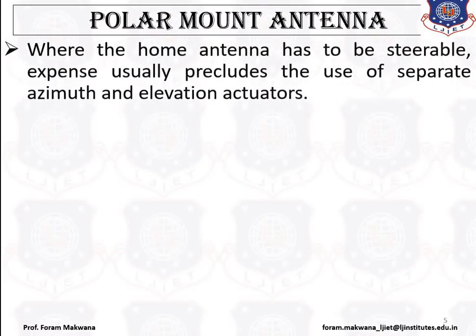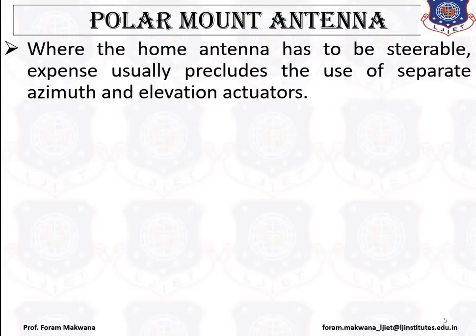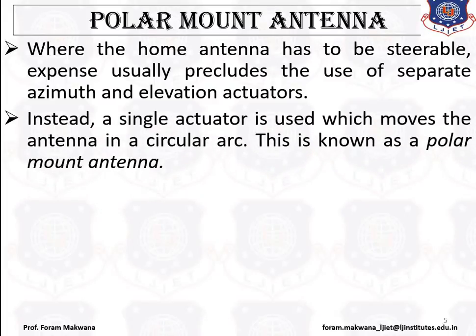Now the next topic is polar mount antenna. First of all, what is the use of polar mount antenna? Actually, in our home, the antenna which has to be steerable especially requires azimuth and elevation actuators separately, but we can use a single actuator which moves the antenna in a circular arc, whether vertically or horizontally.